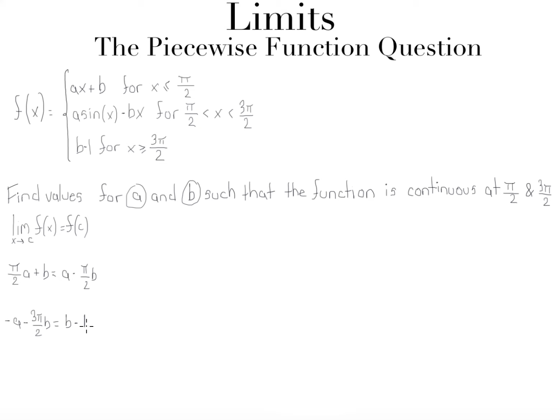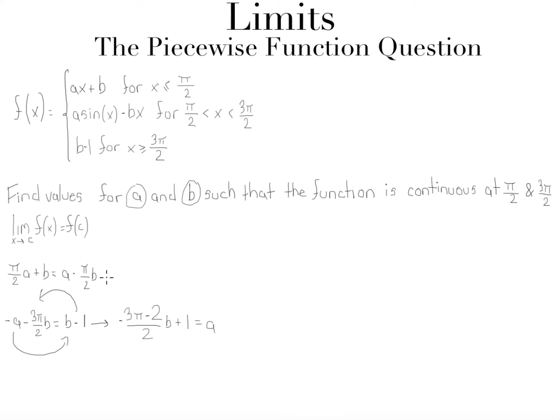So first, let's solve the second relationship for a. Bringing a to the right side and bringing b minus 1 to the other side, we have negative 3 pi minus 2 over 2 b plus 1 is equal to a.